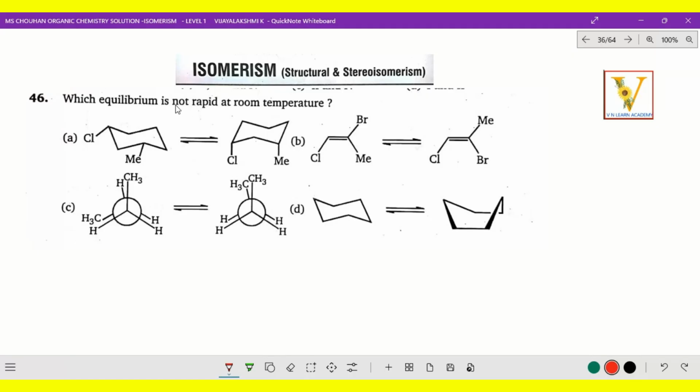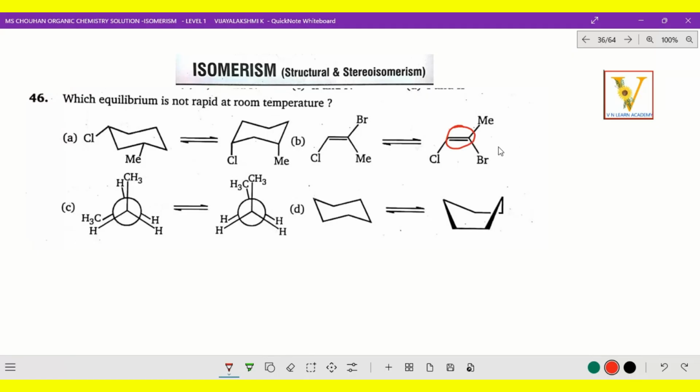Where we cannot find that equilibrium rapid at room temperature, naturally a double bond is there, which means it is not free rotation, it is restricted rotation.